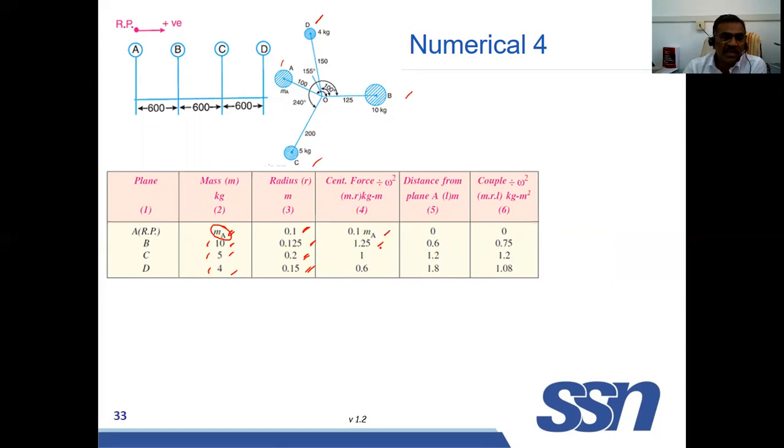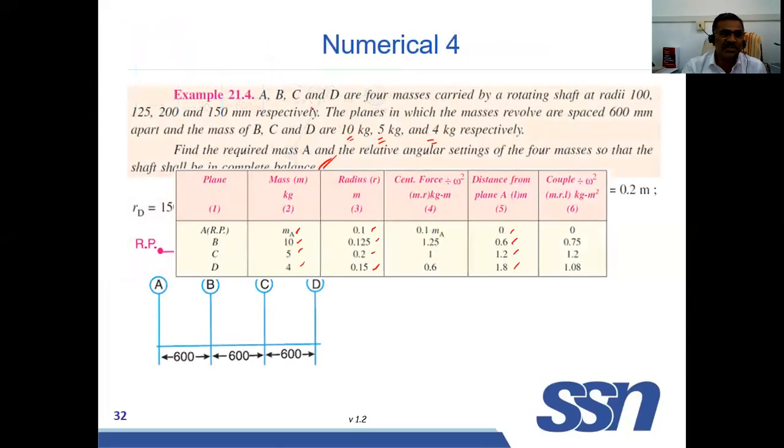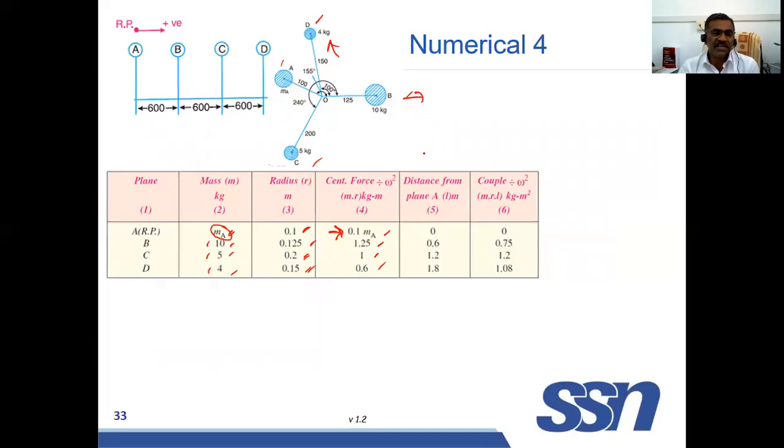But the problem is, even though there is only one unknown, the directions are not known, because angular positions are not given in the problem. Which direction do you have to draw?